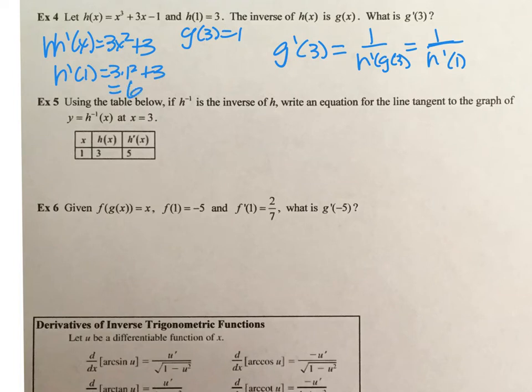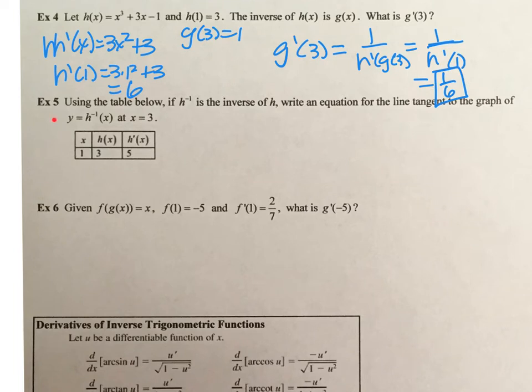All right, so then that means this is equal to 1 over 6, and that's our answer, okay? And notice that at the point 1, 3, h prime of 1 is equal to 6. Notice that the derivative of the inverse at the point 3, 1 is the reciprocal.